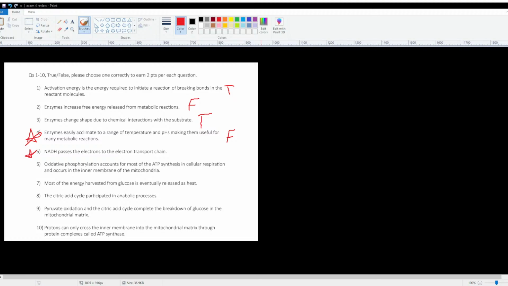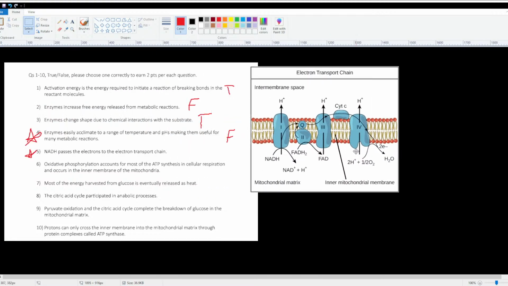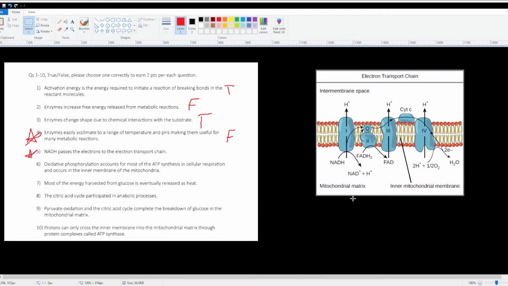Let me just pull that up real quick. Okay, so this is your ETC. The ETC has different complexes associated with it, from 1 all the way to 4.